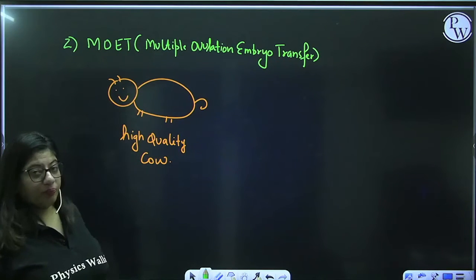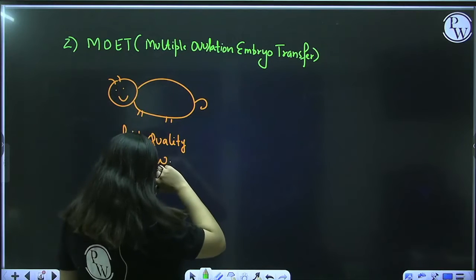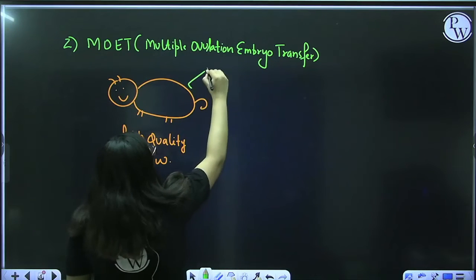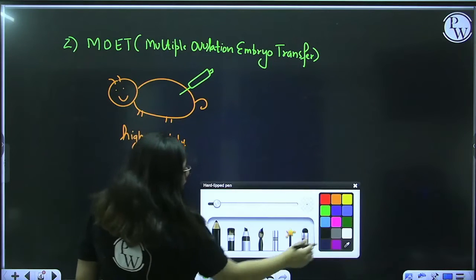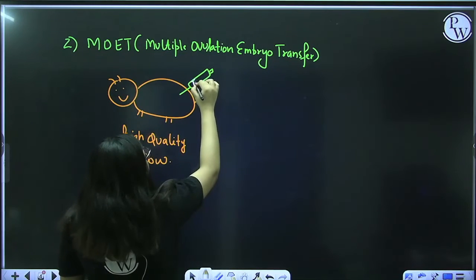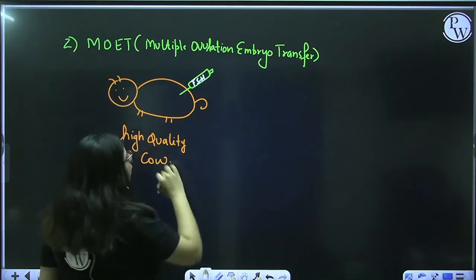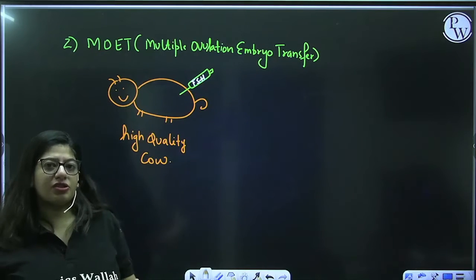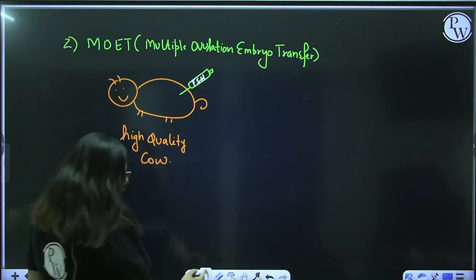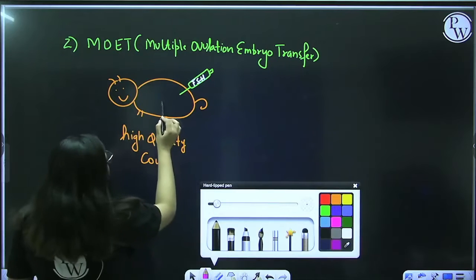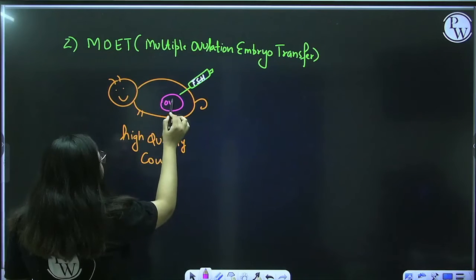Now what do we do? First of all, we choose a high quality cow and give the cow an injection. This injection contains an FSH-like hormone. If you give FSH to the cow, the ovaries will be stimulated. Imagine this is the ovary.